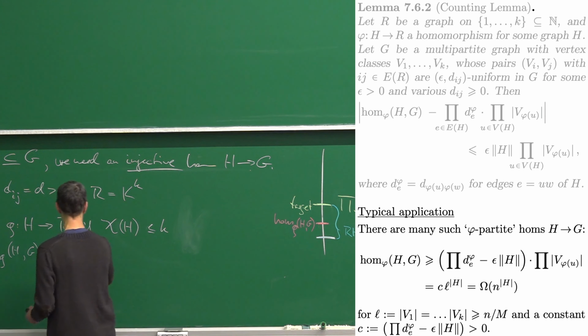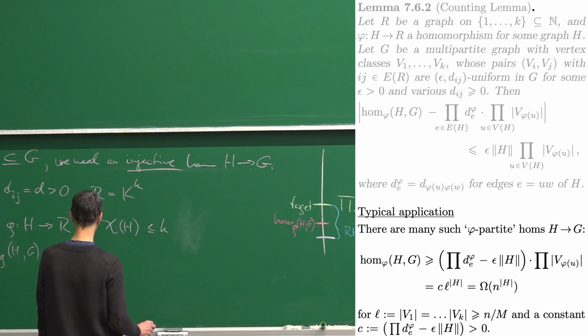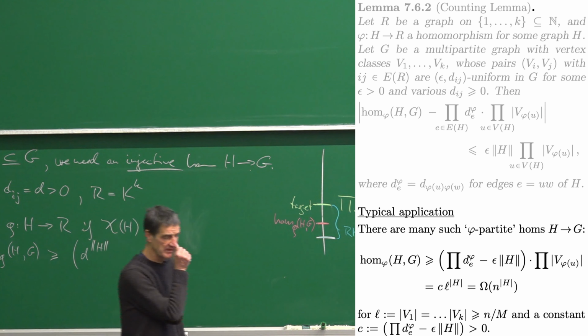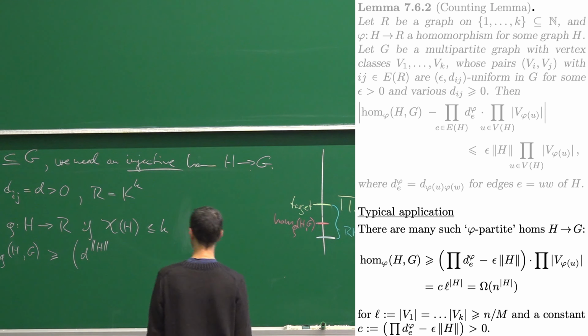They're all D. So that's the product of all the densities is D to the number of edges of H. Right? That's how many pairs we need, for densities minus epsilon to the power of the edges of H.